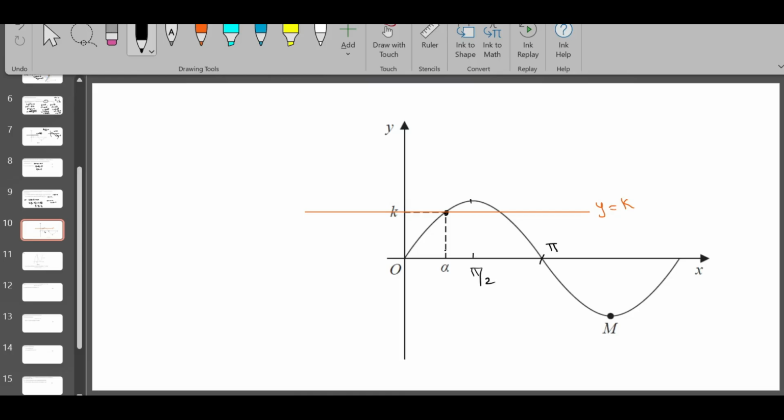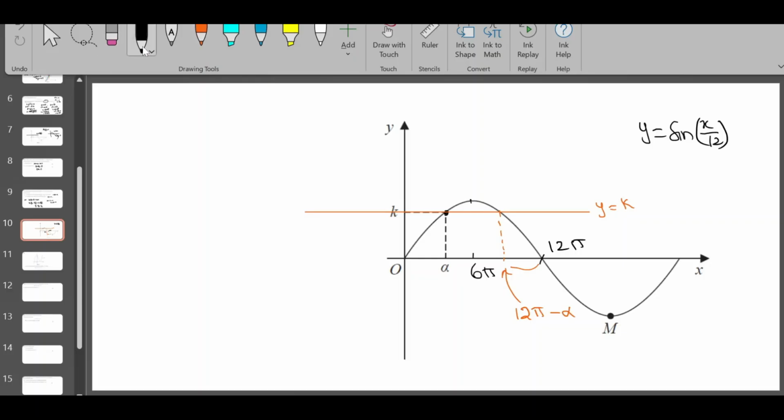This point is pi. But this graph is sine x over 12. So you need to multiply everything by 12. So this becomes 6 pi. This becomes 12 pi, right? So because this distance is also alpha, this point will be 12 pi minus alpha. So far so good, right?